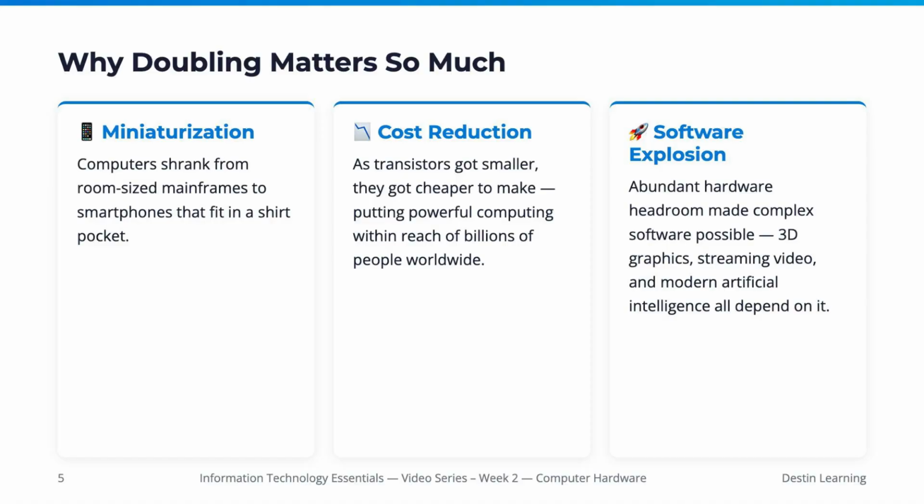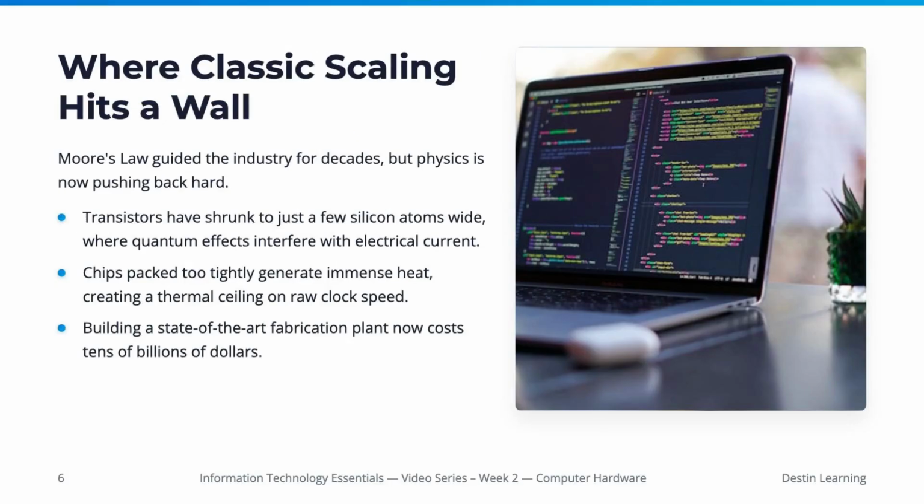artificial intelligence. Despite decades of success, traditional scaling has encountered severe physical limits. Modern transistor features have shrunk to the scale of individual silicon atoms, causing quantum tunneling effects that leak current. Furthermore, packing transistors so densely generates intense heat, placing a hard thermal ceiling on raw clock speeds.